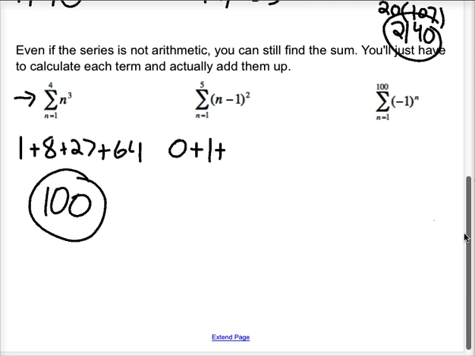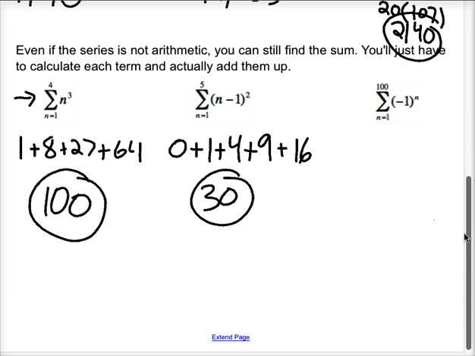My next term, 3 minus 1 squared is 2 squared, which is 4. 4 minus 1 squared, which is 3 squared, gives me 9. 5 minus 1 squared is 4 squared, which is 16. Again, not arithmetic, so you just have to manually add up those 5 terms, and those 5 terms give you 30.